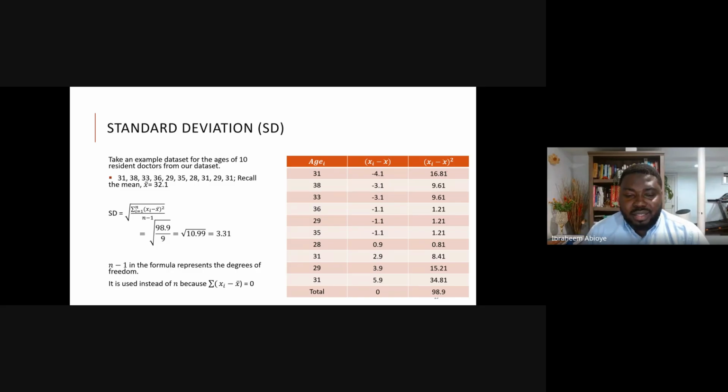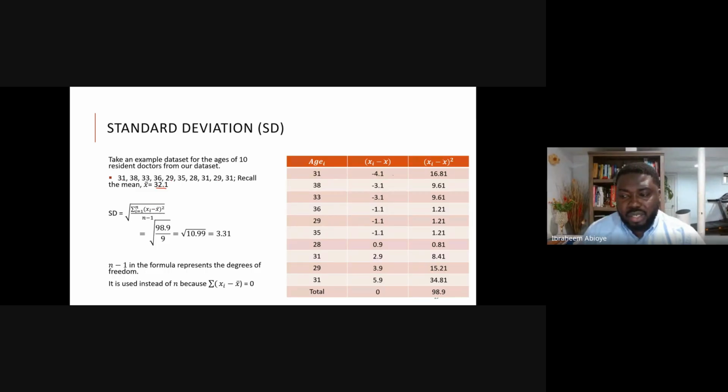And this is an example that attempts to do that by hand. You can walk through this using the formula just like I explained. The first thing is you calculate the mean. You take each value and subtract it from that mean: 38 minus 32.1, 29 minus 32.1, 29 minus 32.1.